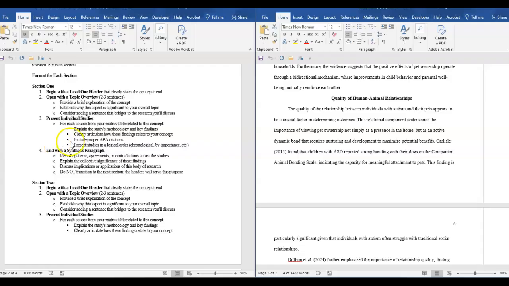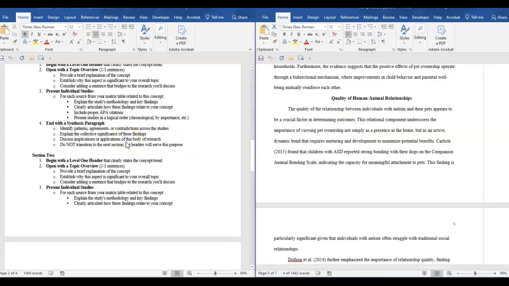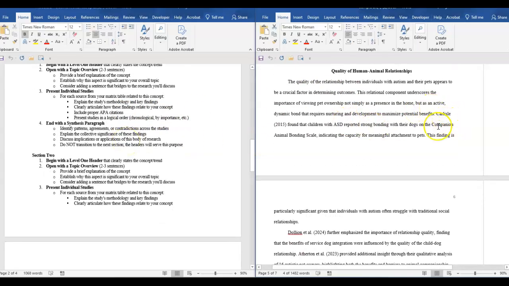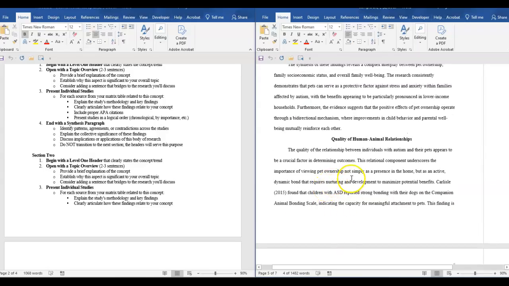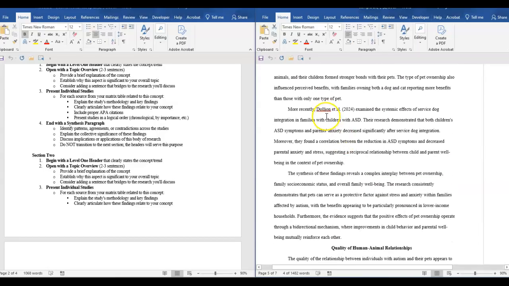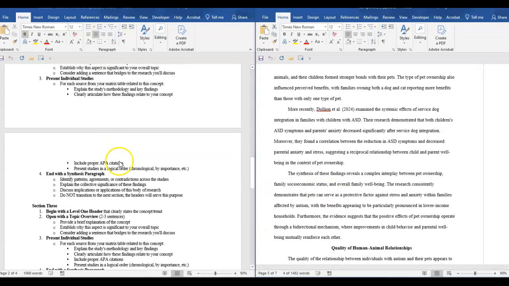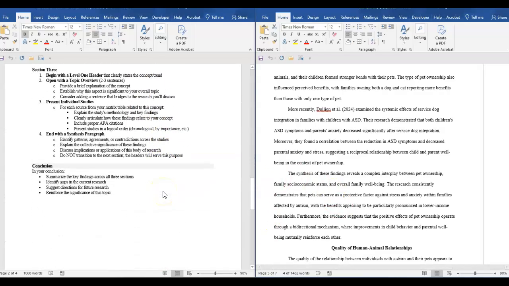You are only talking about what that study said about that particular subtopic. Okay? And so you may talk about, for example, Carlisle 2015 in several different places. In fact, you can see that Dolion et al. 2024 gets discussed in this section and in this section. So that's not unusual. Then again, your conclusion has to do with a summary of what you've learned and what still needs more research.